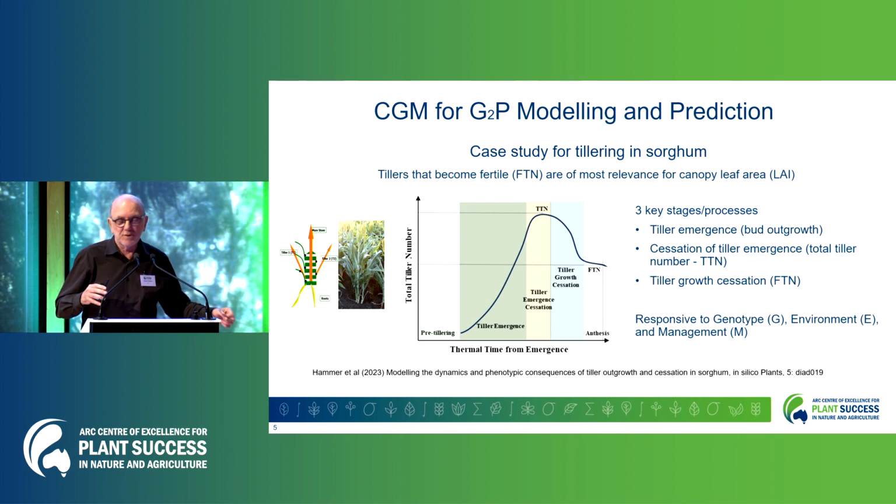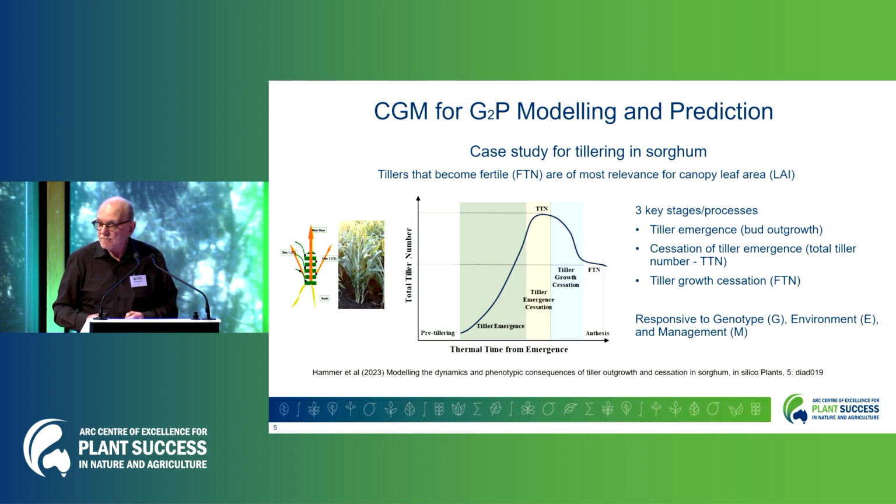So it's not actually how many tillers are produced and how many are sustained, it's how many continue to grow and produce a rachis, and that will determine the canopy size. And that in turn interacts with water use, nitrogen use, the dynamic of that over time, and how you ultimately determine grain yield.